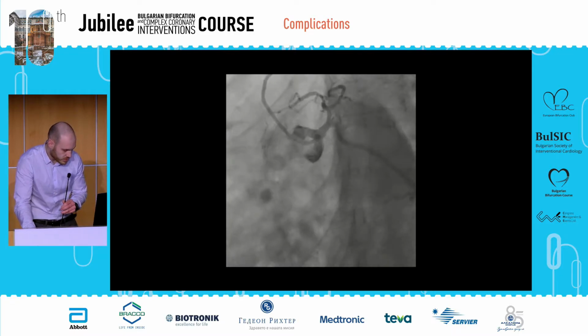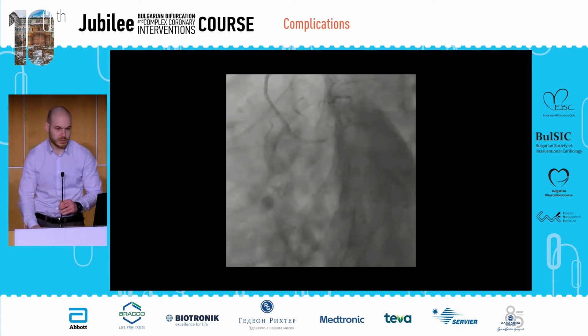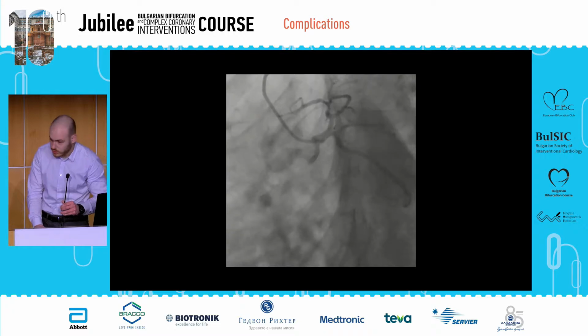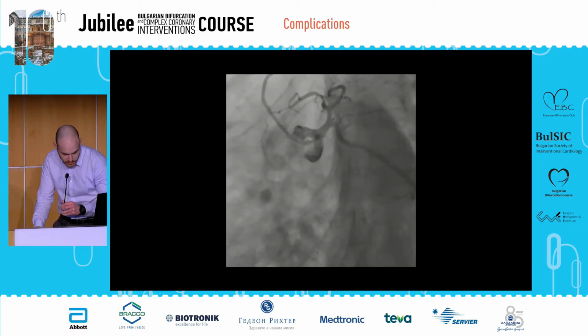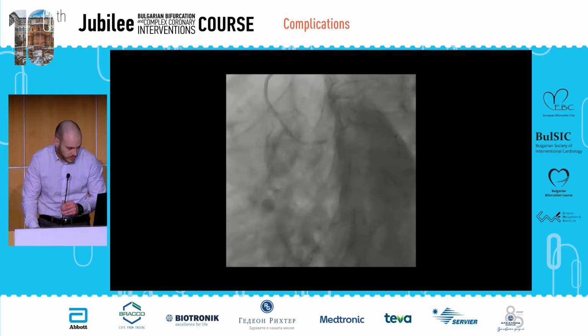The SYNTAX score was 17, so we offered the patient CABG because she was young and she did have diabetes, but she refused. So we went further with the intervention.